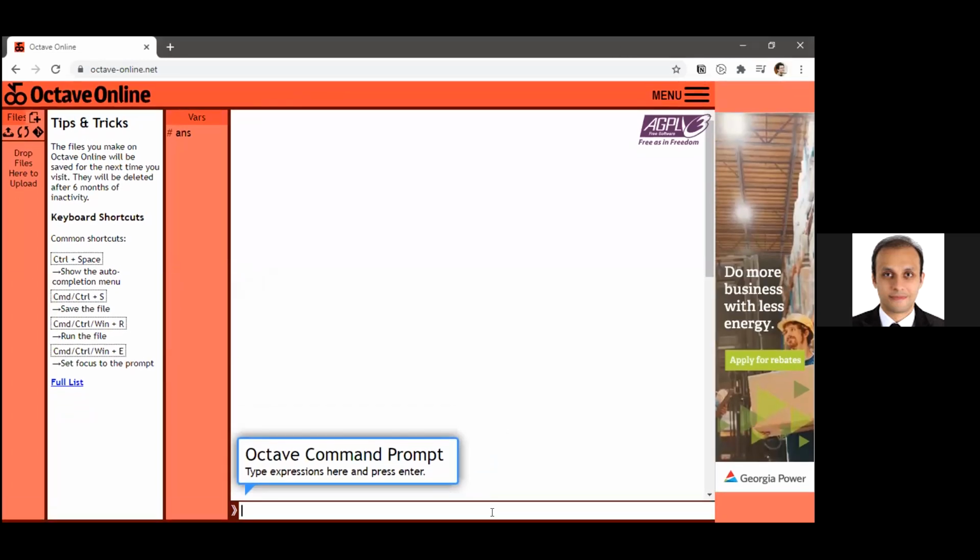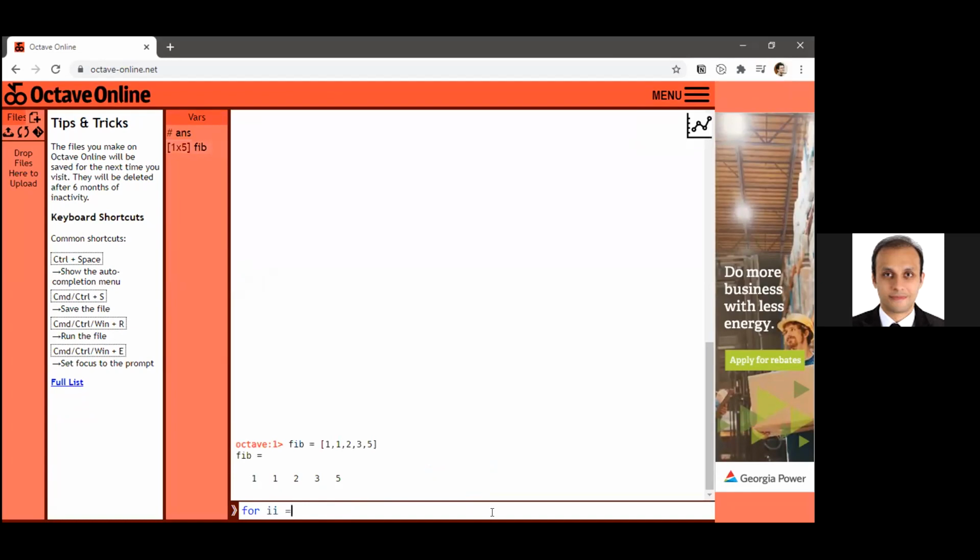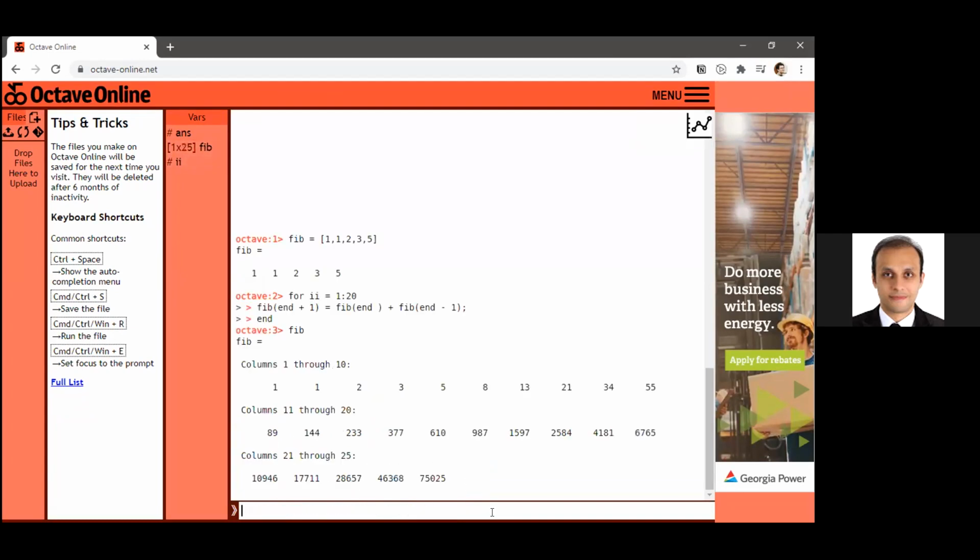Okay. Let's define our Fibonacci numbers: 1, 1, 2, 3, 5, etc. Let's find the first 25. So these are our Fibonacci numbers.